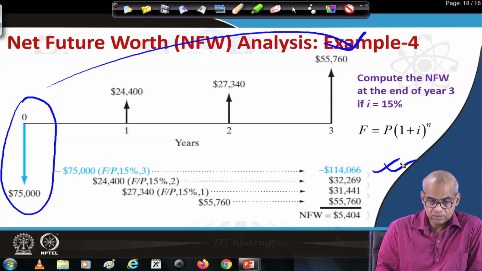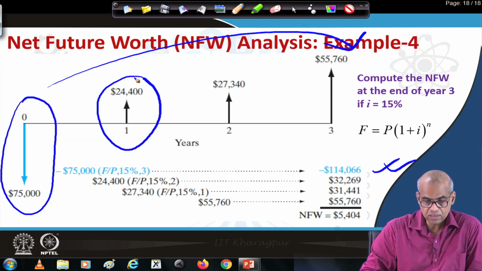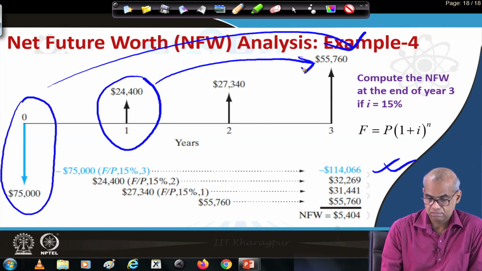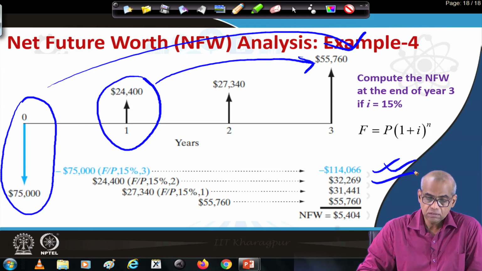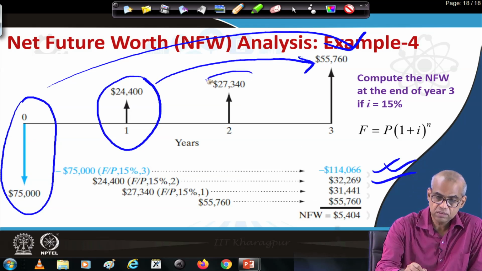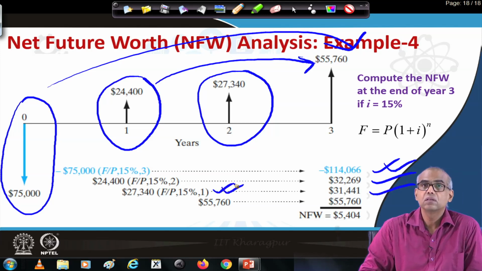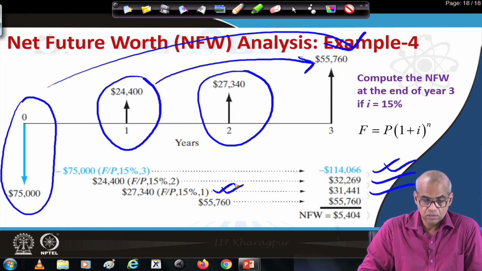Similarly, what you invest in the first year is used for 2 years, and what you invest at year 2 is being used for 1 year.